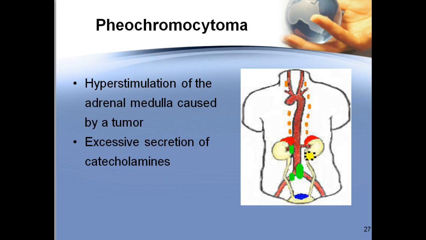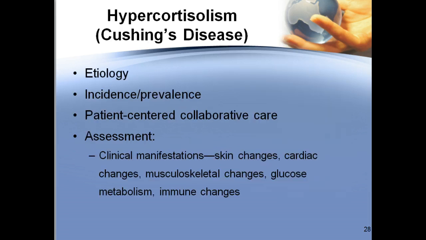What it does is result in excessive excretion of catecholamines, and as a result they'll have more cortisone secreted in their blood. So a person who has hypercortisolism is what they call Cushing's disease.